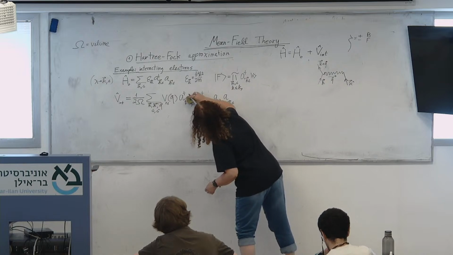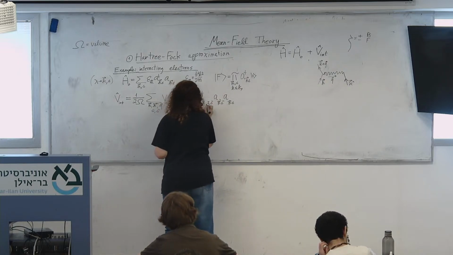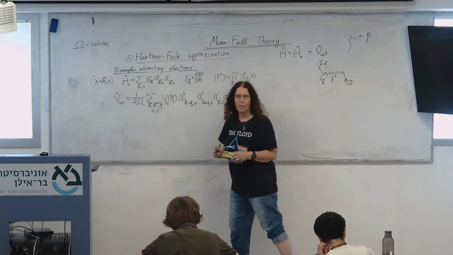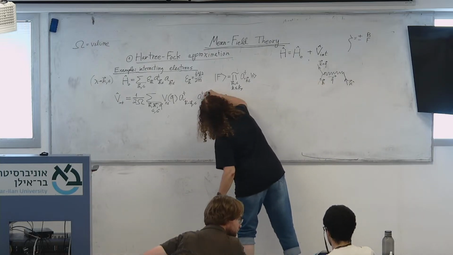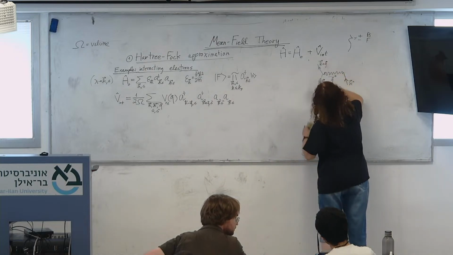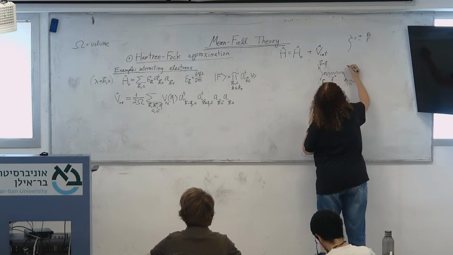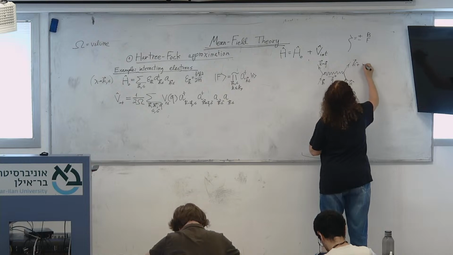Let me, just to be consistent with the diagram, so this would be k minus q, and this is k prime plus q. Of course it doesn't matter because I'm summing over all signs of q.